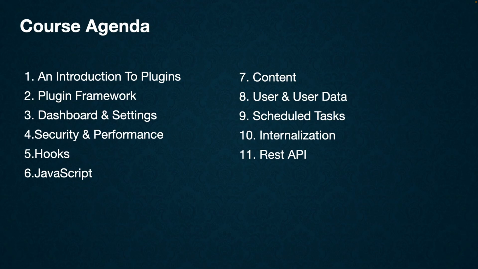Maybe your site is on React, or maybe you want to create a connection with your Android or iOS app. For this, you can use the REST API in WordPress.